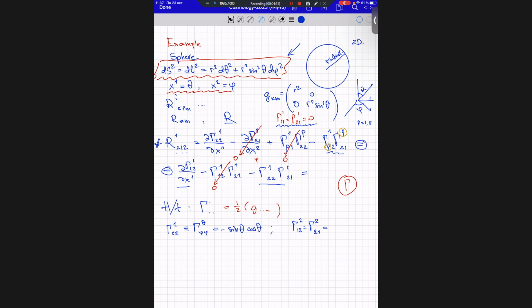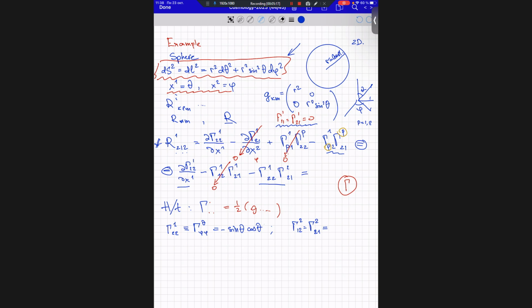We obtain it from the term with minus one half G22, comma 1. And this derivative is minus sine theta cosine theta. Yes, question about this minus? No, it's understandable. Okay.